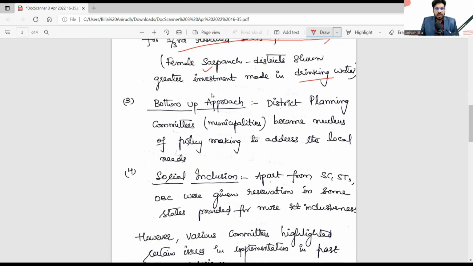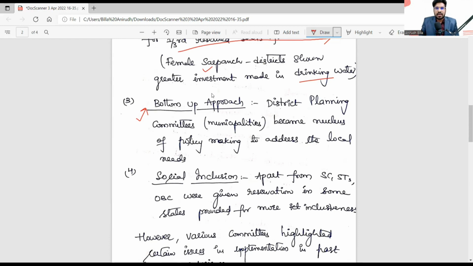Number 3, local self-government is a symbol of bottom-up approach. What is this bottom-up approach? In the top-down model, whatever decision the central government or state government takes is passed down to the next levels of the democratic institutions. But here, the Panchayat and municipalities make policies, and these are implemented by the same body.